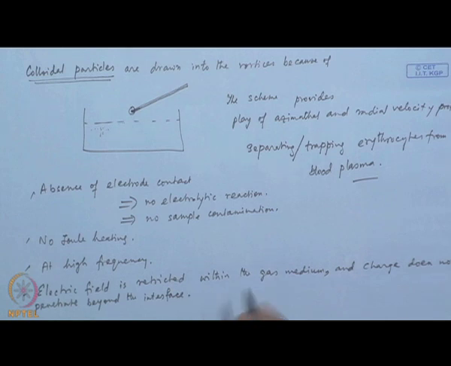So the bulk remains primarily unaffected as far as these movements of charges are concerned. I mean, in other words, this is called field penetration, or the charge does not penetrate beyond the interface.